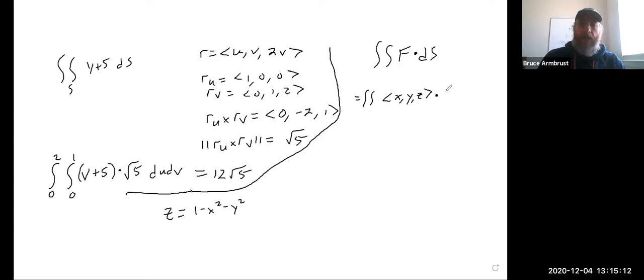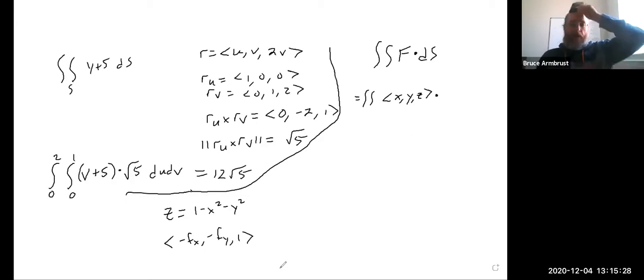And if you want to find that normal vector that we're going to dot with this time, since it's a function, z equals, we saw that the easy way to get that is to build it this way. So we have negative partial with respect to x, negative partial with respect to y, and then 1. And this is for if it's upward.